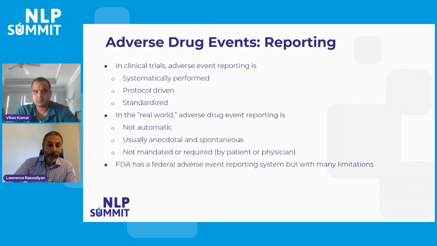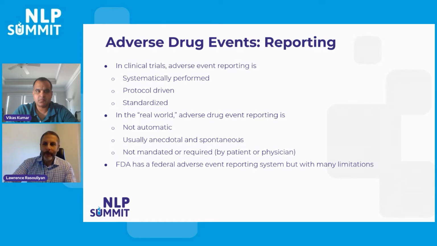So as a result, in clinical trials, adverse event reporting is very systematically performed, protocol driven, and very standardized, right? Because there's a very clear set of instructions. So if an adverse event happens at this site versus that site, there's a very clear standardized way that it's going to be reported and accounted for. And so that's the ideal setting for reporting adverse events.